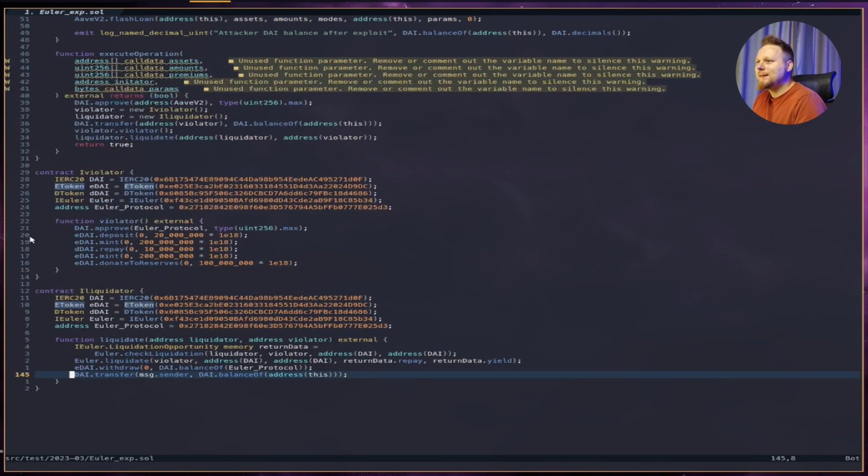So you can see that the attack itself for this particular DAI pool is like 5 lines of code here and 5 lines of code here, really. So it's 10 lines of code to have everything exploited.